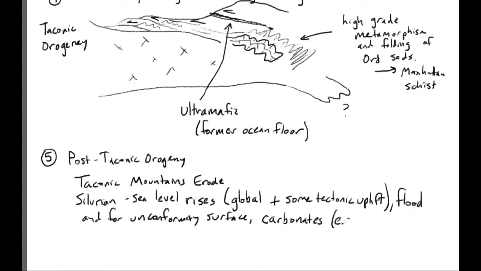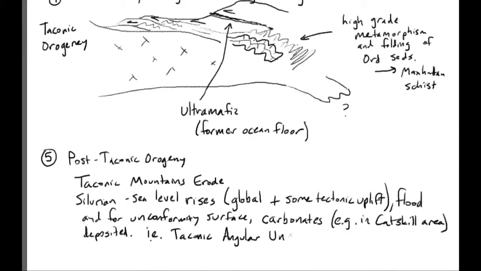For example, those that we see in the Catskill area. So these are deposited. So, in other words, we formed the tectonic angular unconformity.